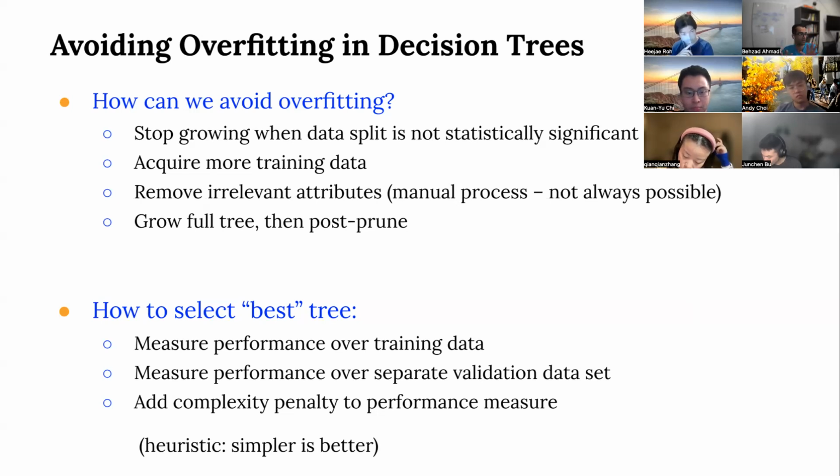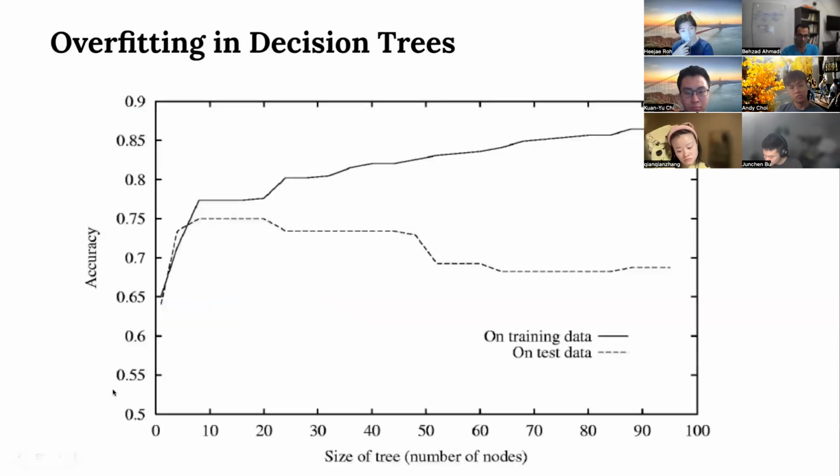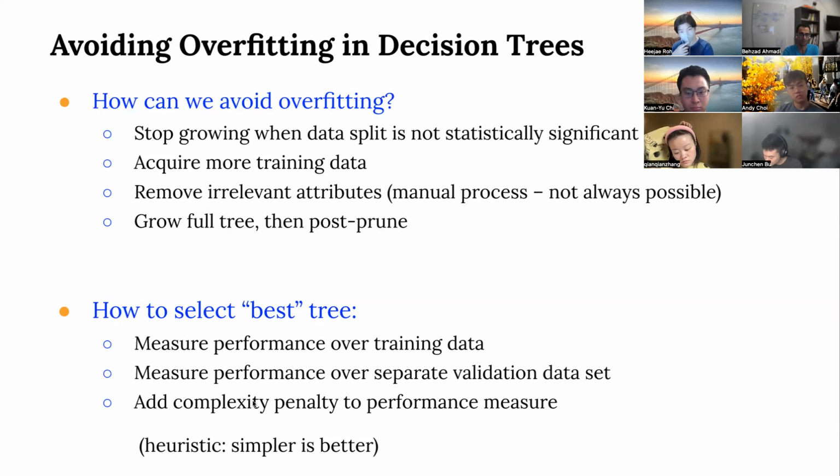You can also train multiple trees, one with each depth, and then you pick the one that has the best validation or test performance. You compare them based on their performance on the test or validation sets.